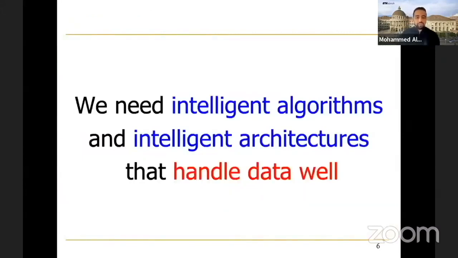All right, the main conclusion of this talk is that we need intelligent algorithms and intelligent architectures that handle data well. What does that mean? If you would like to reap the greatest benefit out of your algorithm, you need to implement it in hardware. Likewise, if you would like to get the highest benefits from your hardware, you need to design an algorithm that understands the hardware.